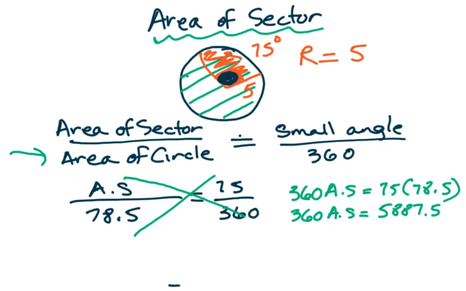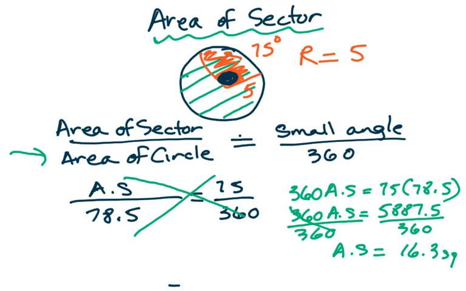So when you multiply those two numbers, you get 5,887.5. Now I'm going to divide that by 360 because I want to know what AS is, right? So I want to know what the area of the sector is. So I have to get rid of 360. And when I divide that on the calculator, the area of the sector equals 16.3 squares.